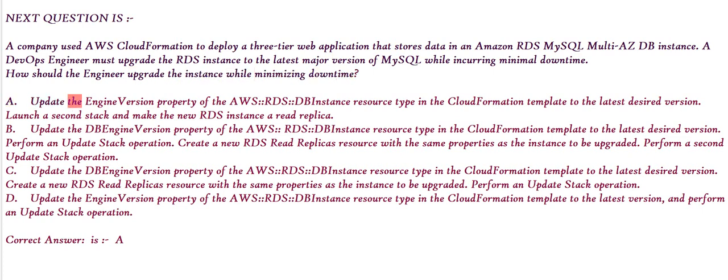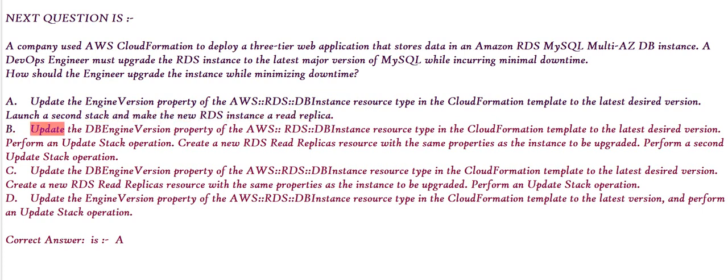A. Update the engine version property of the AWS RDS DB instance resource type in the CloudFormation template to the latest desired version. Launch a second stack and make the new RDS instance a read replica.